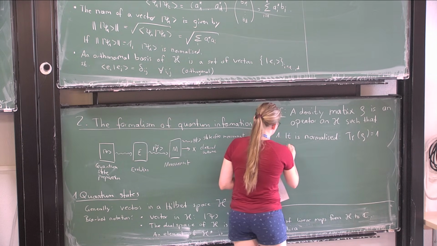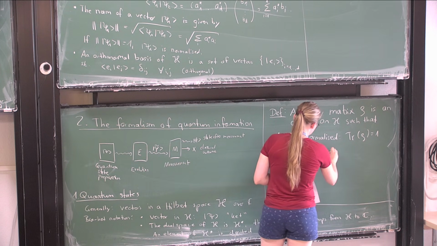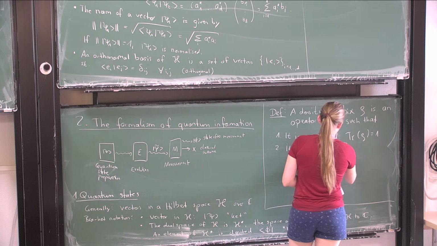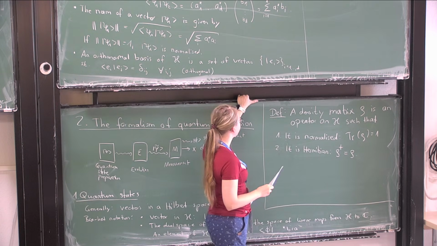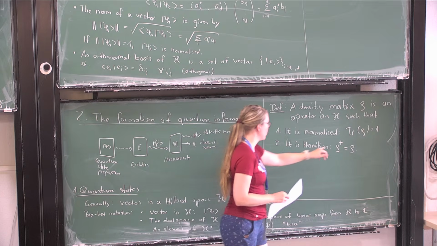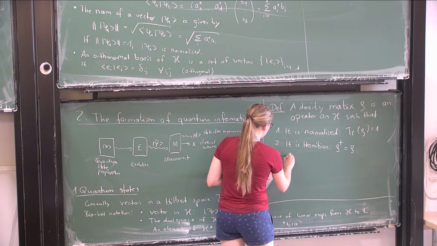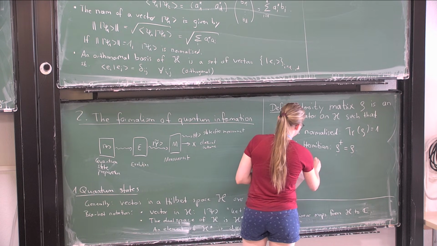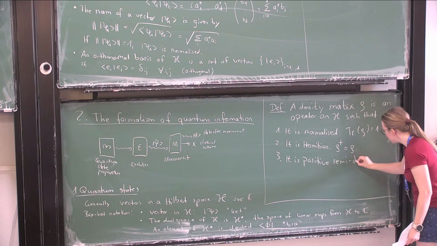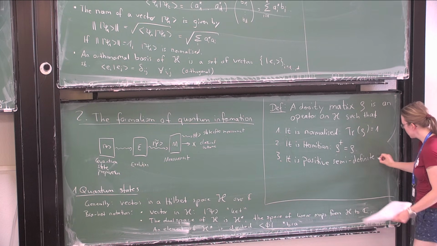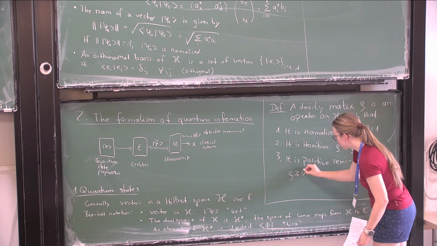We also want it to be Hermitian, so it equals its complex adjoint, and it is positive, rho bigger or equal to 0.